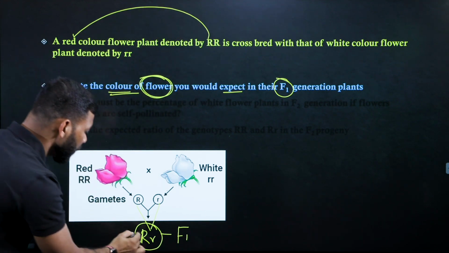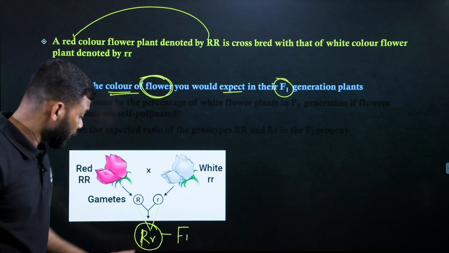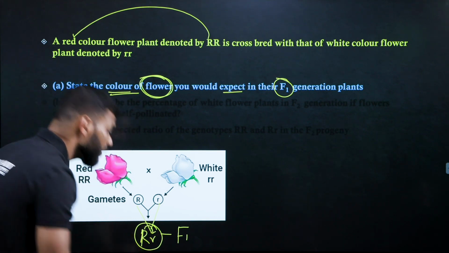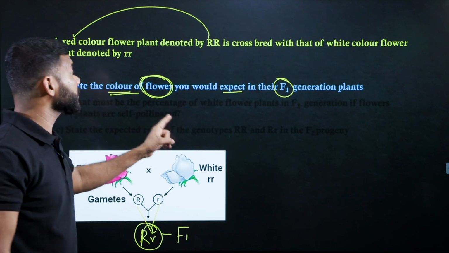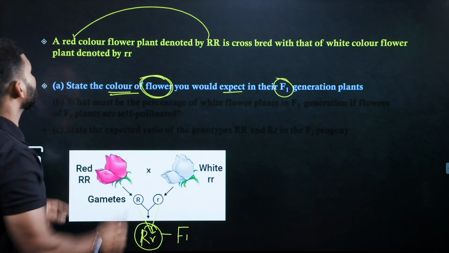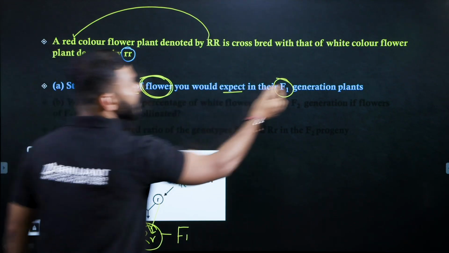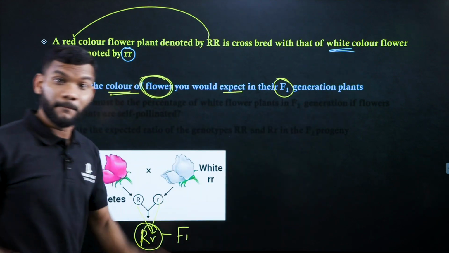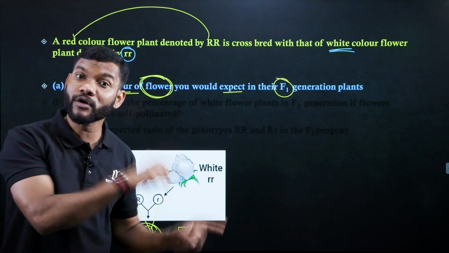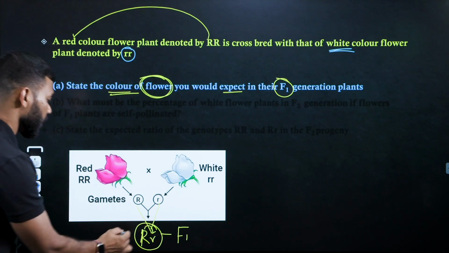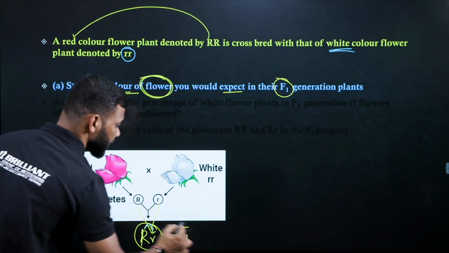So this capital R will be dominating the small r. That means small r is an allele for white flower color, but still the small r cannot express because capital R will be dominating.